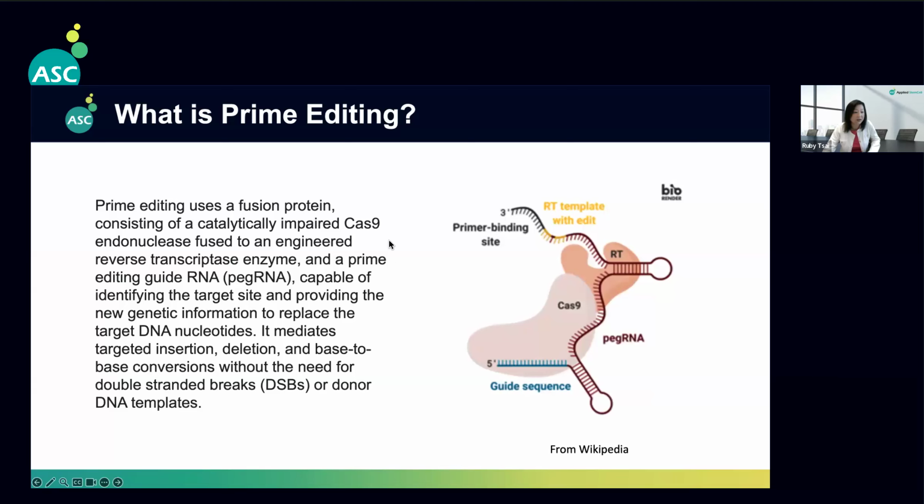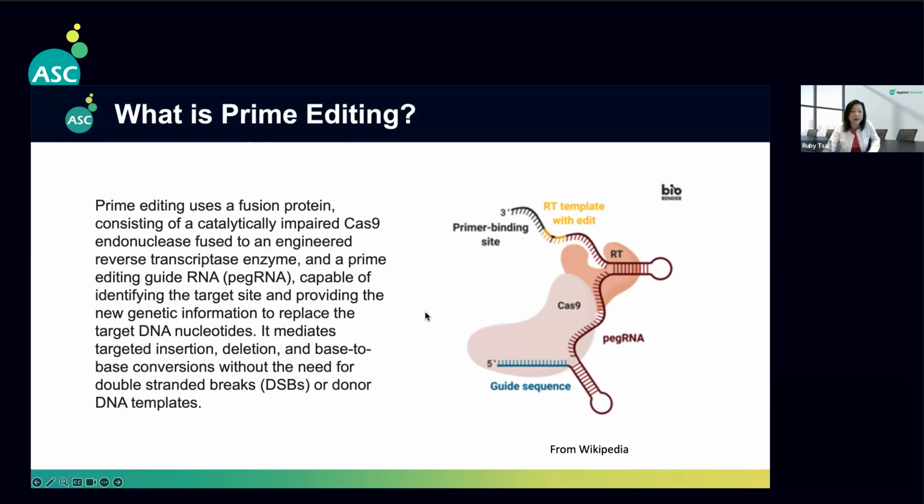So prime editing actually came out, also had a very high impact. So this technology belongs to now Prime Medicine. So basically, this is a fusion protein. You can see a Cas9 protein fused to a reverse transcriptase. Okay, so this is really the enzyme.